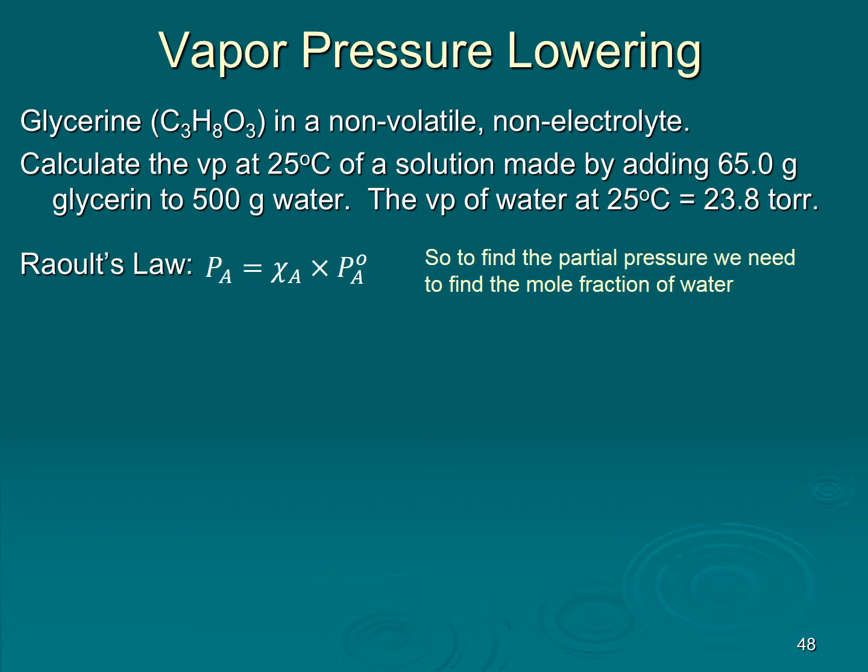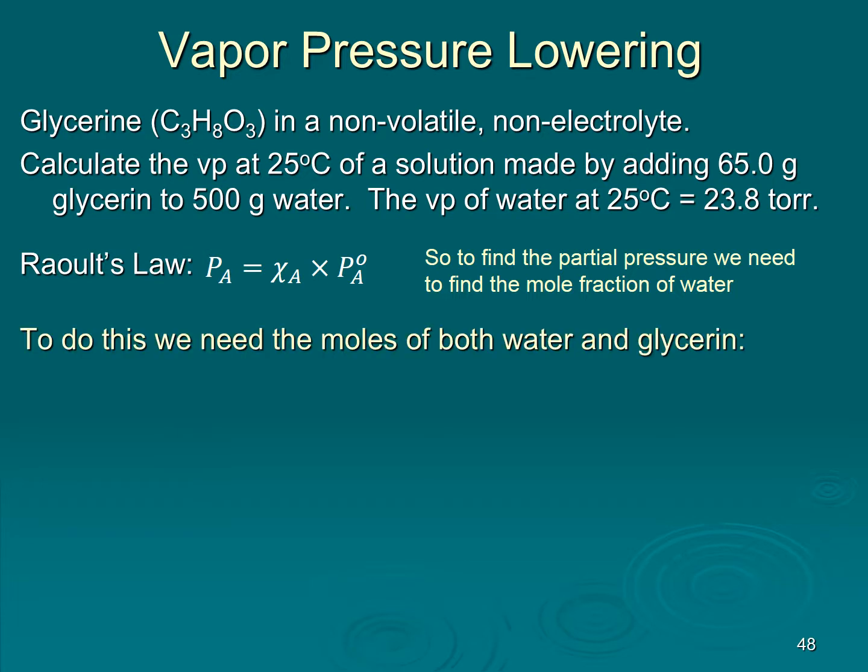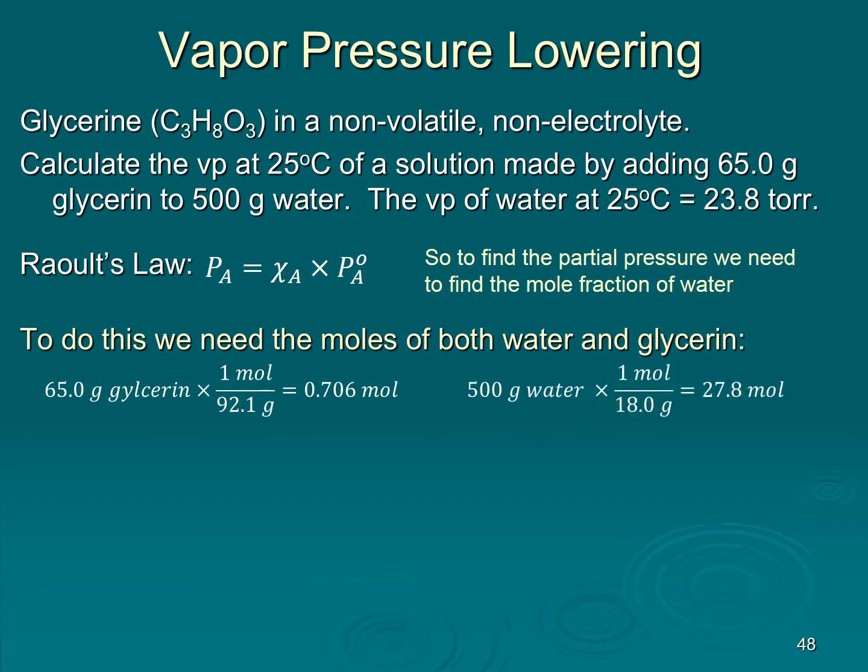So the first thing we need to do is find the mole fraction of the water since we're not given it. To find the mole fraction, we need the moles of the water and the total moles. So if we first take 65 grams of glycerin and convert that to moles, it's 0.706 moles. 500 grams of water is 27.8 moles.